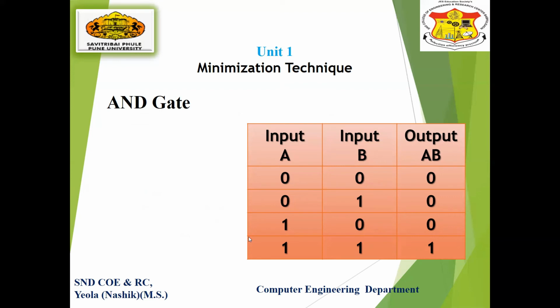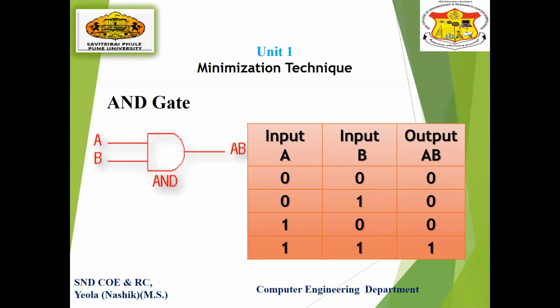We know that whenever we have high values of input, this high value will be reflected in your output. When both inputs are high, the output should be considered as 1.